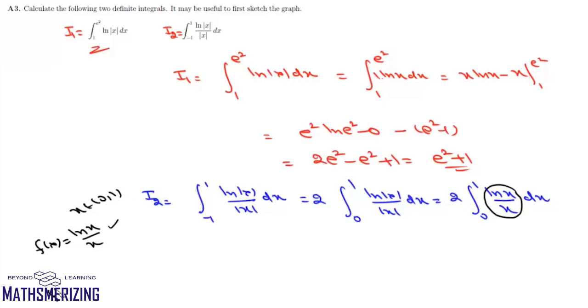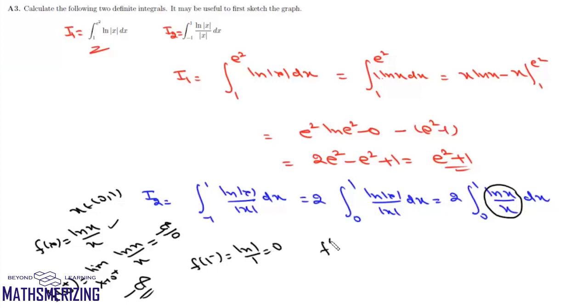Now we'll find f(0 positive), which will be this limit as x tends to 0 positive of ln x upon x. Now ln 0 positive is minus infinity and minus infinity upon 0 is minus infinity. So at 0 positive, this function takes the value minus infinity, and at 1, this value will be log 1 upon 1, which is 0.